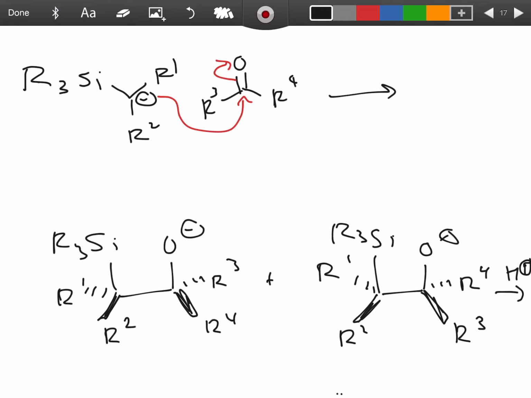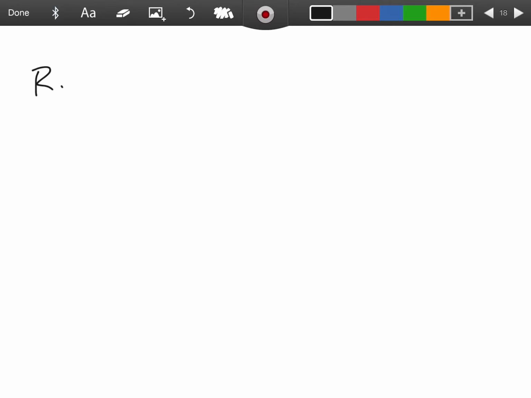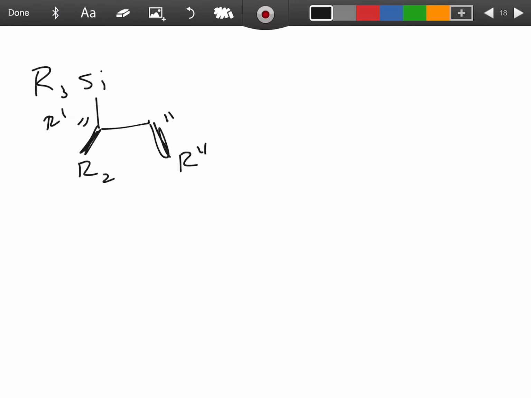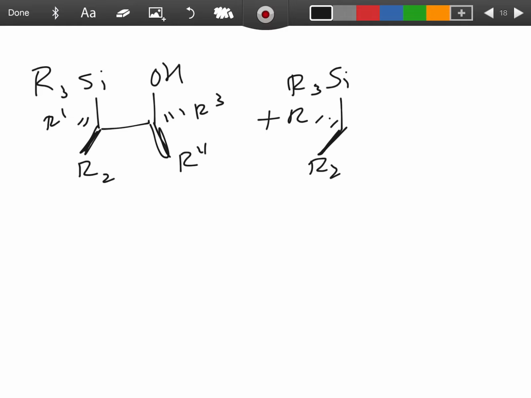So you're going to end up with, if I can do this right, R3 silicon, R2, R1, R4, R3, so H plus, R3 silicon, 2, R1. Okay, so we're going to get these 2 guys here.